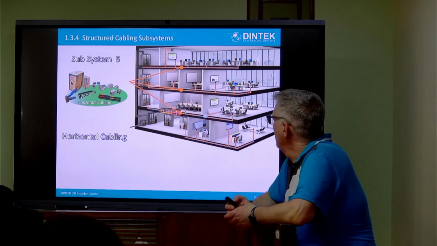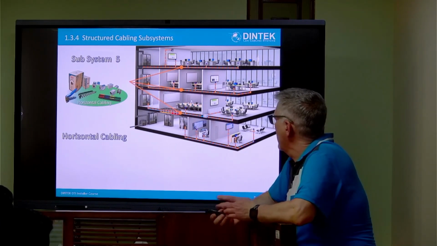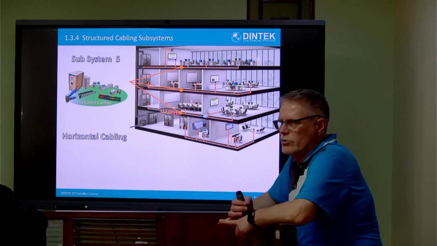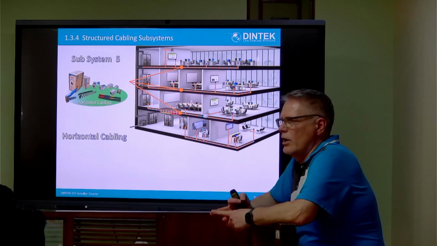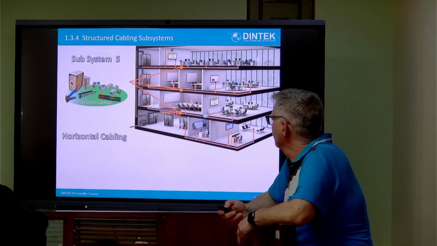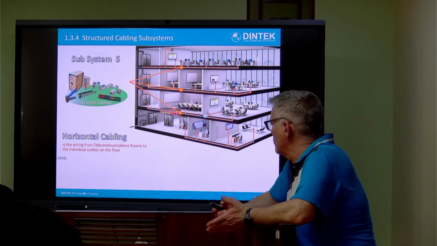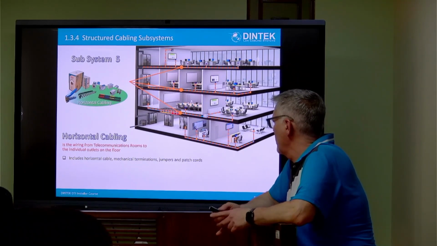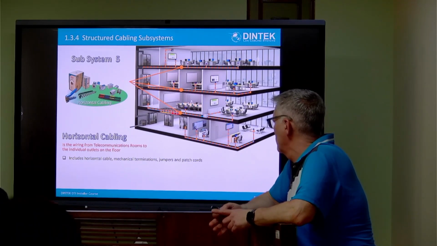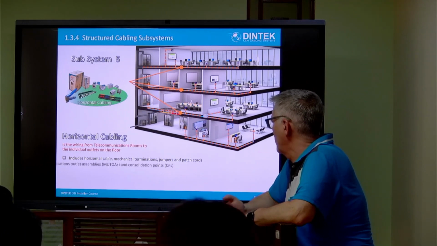Horizontal cabling. This is the cabling that we're running from our floor distribution points out to our end user outlets. Wiring from telecommunications rooms to the outlets on the floor includes horizontal cable, mechanical terminations, jumpers, and cords.